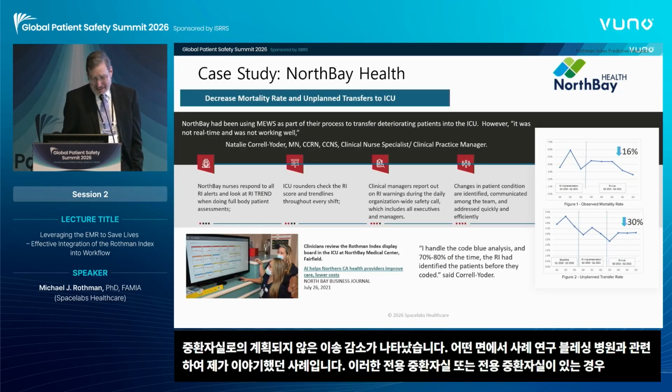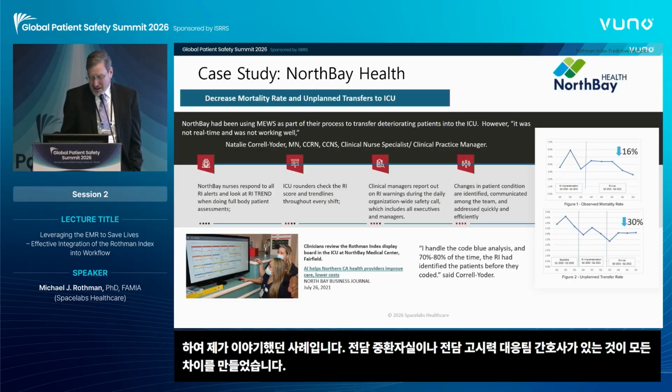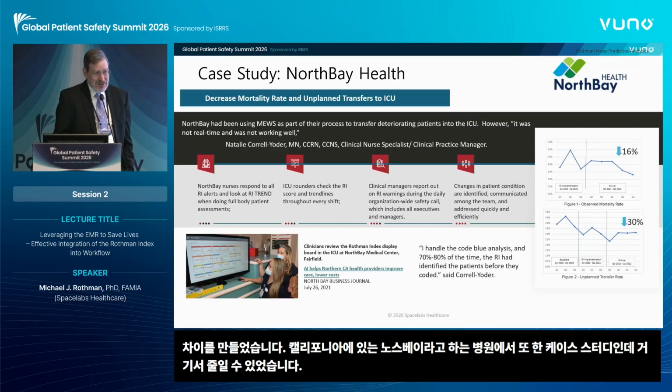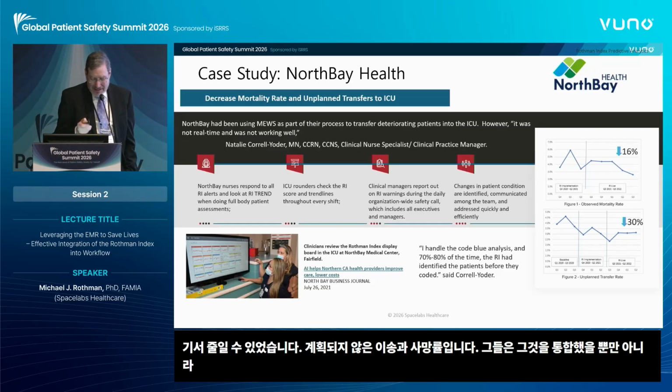It's another case study at a hospital in California called North Bay, where they were able to reduce unplanned transfers as well as mortality. They had integrated it into not only nursing rounds, but they have clinical meetings hospital-wide looking at those cases that are of special interest.